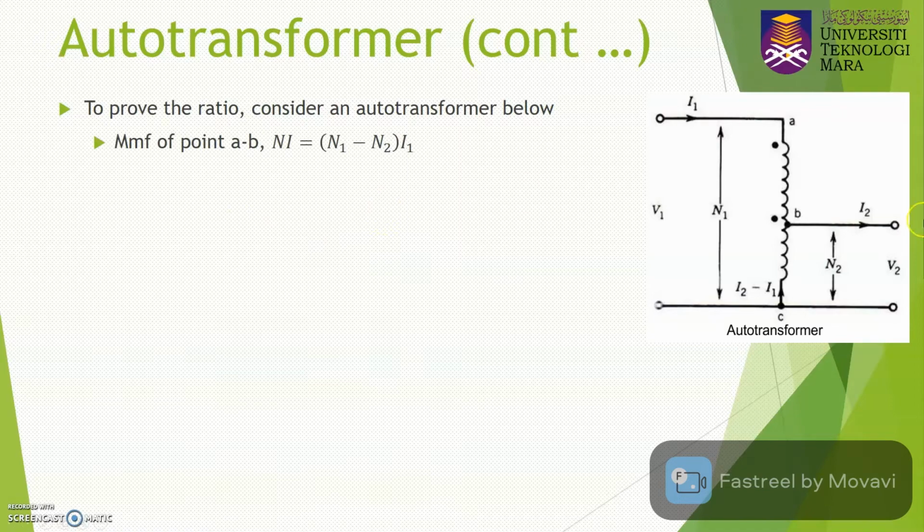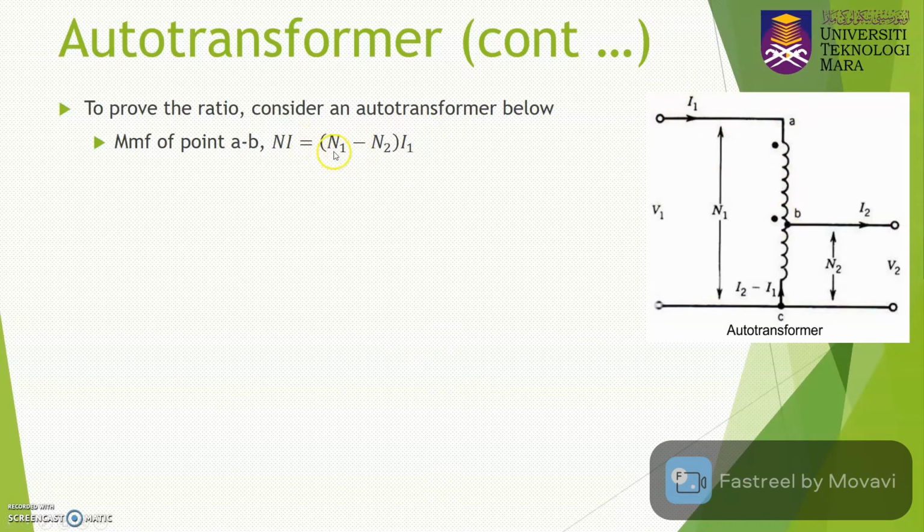The MMF at points A, B will be given by Ni. In this case, N is equal to N1 minus N2, because from A until B the number of turns is N1 minus N2, multiplied with the current I1, which is the current that flows through the line AB.